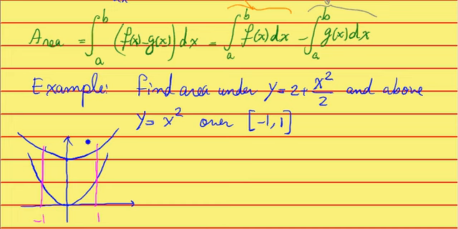So I might as well specify what this one was. This was the top portion, y equals 2 plus x squared over 2. This was the bottom portion, y equals x squared.